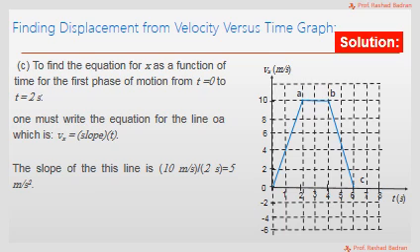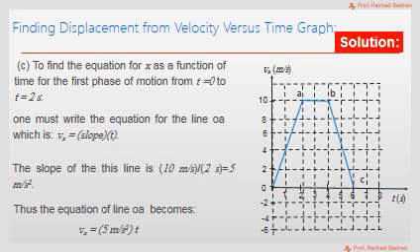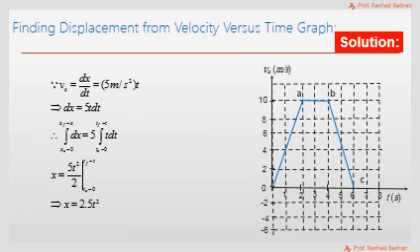And the slope can be obtained from the graph, which is simply 10 divided by 2, that is 5. So if we substitute this 5 meters per second squared in the equation, Vx turns out to be 5t. And then we're going to use this equation in the next step.